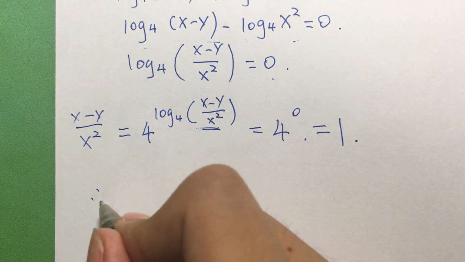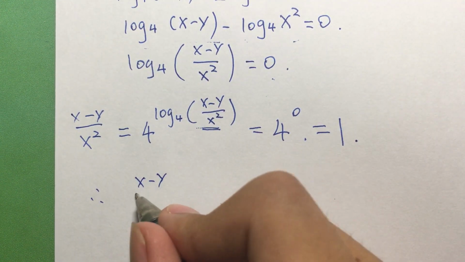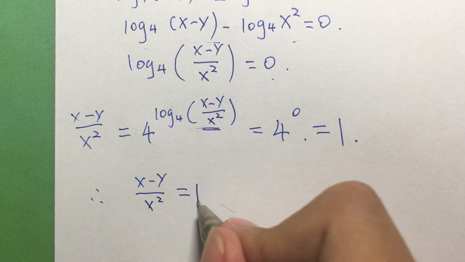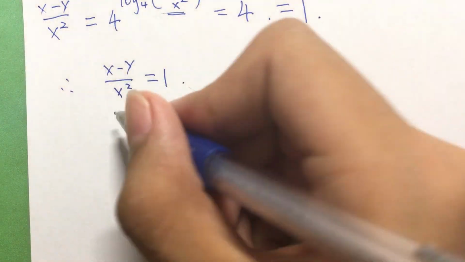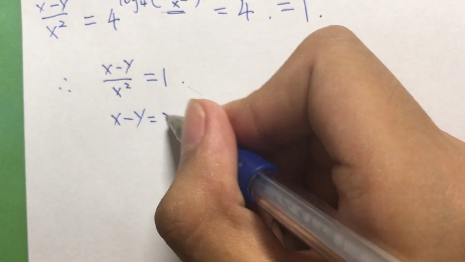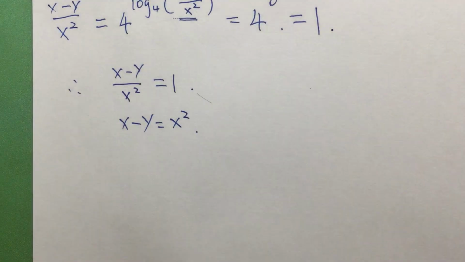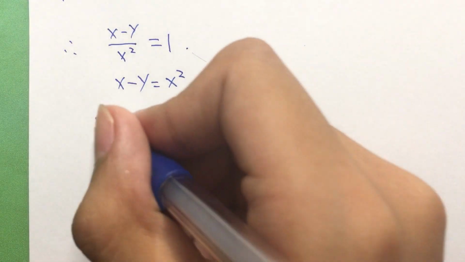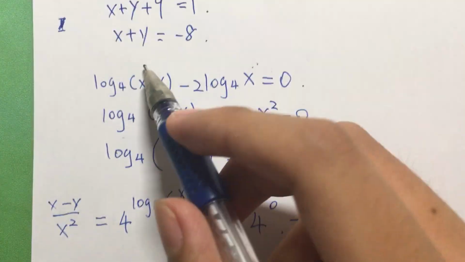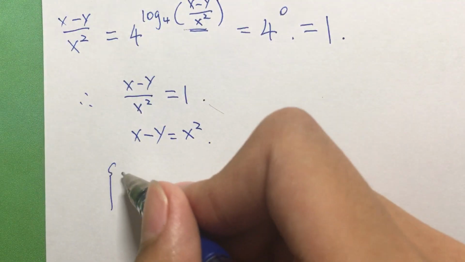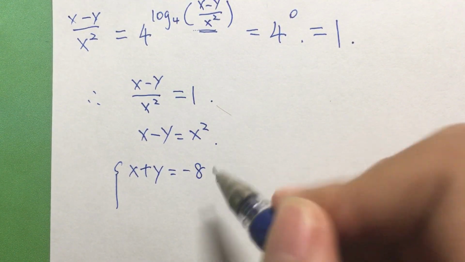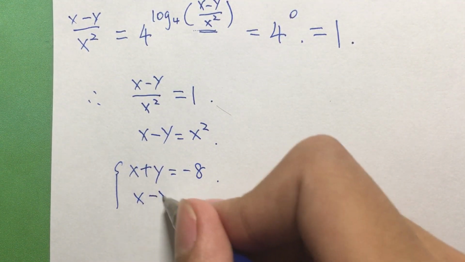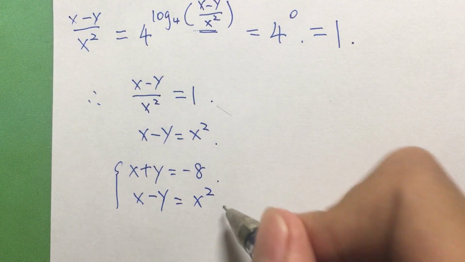And so we get (x minus y) over x squared equals 1, which is x minus y equals x squared. So now we have two equations. One is from here, which is x plus y equals negative 8, and x minus y equals x squared.